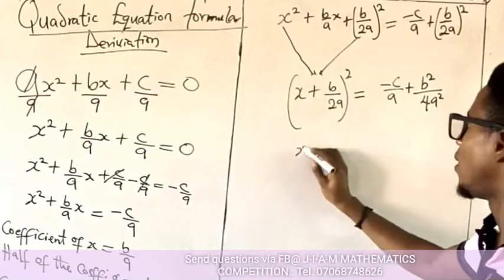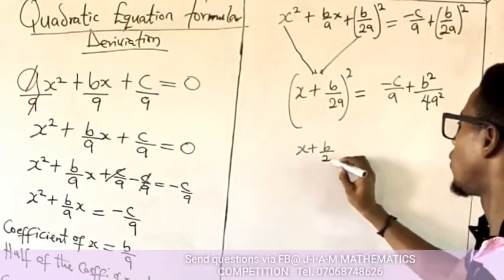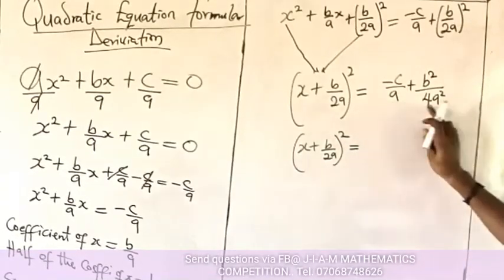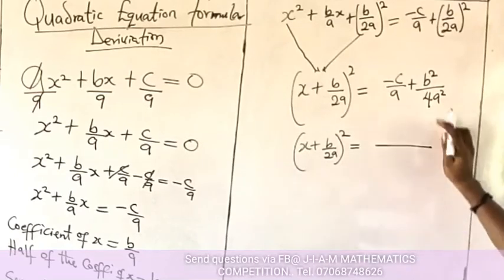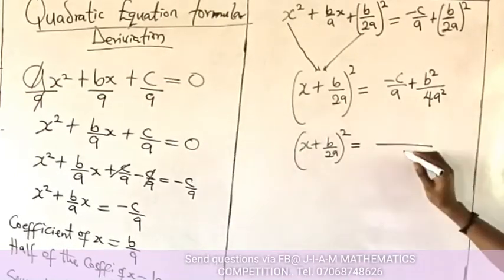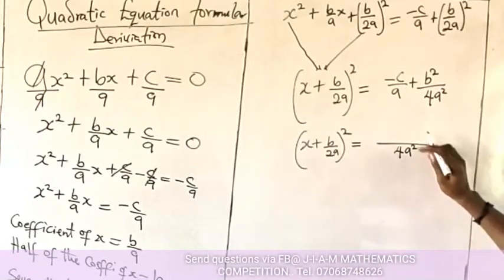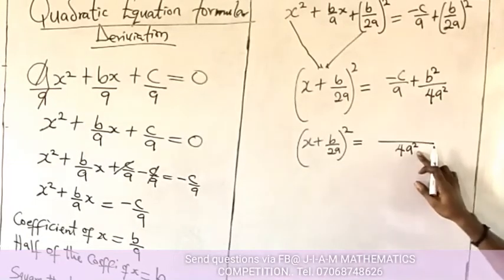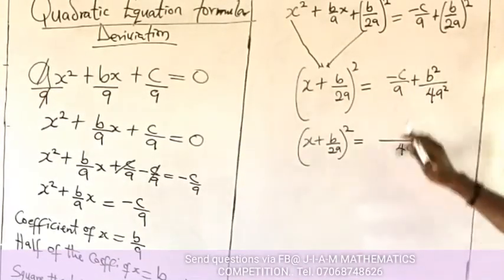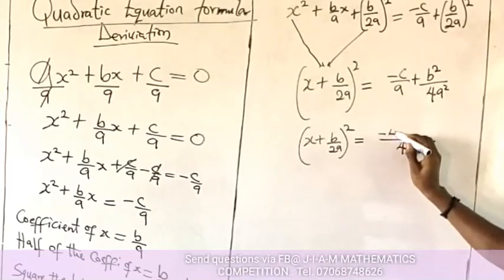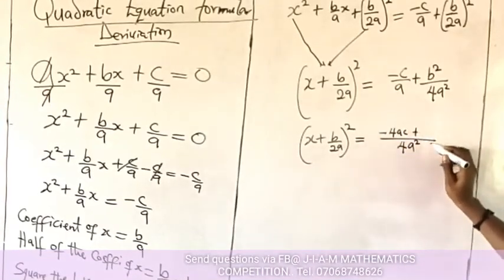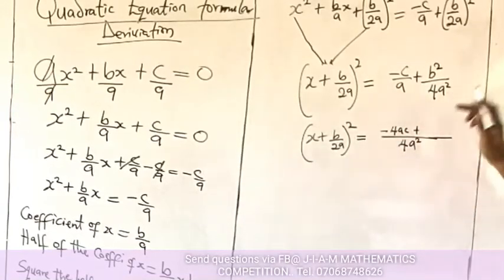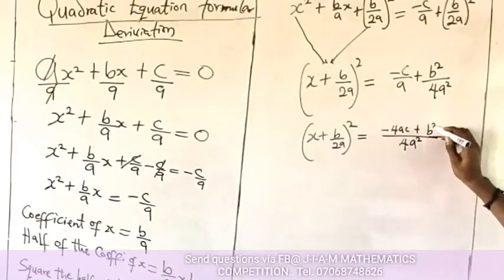Now we have x plus b over 2a squared equals, you collect the LCM of 4a squared and a, that's 4a squared. Now a in 4a squared is 4a. 4a times minus c is minus 4ac, plus b squared.